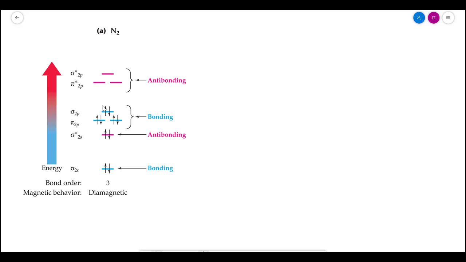We call systems or molecules that have only paired electrons in their molecular orbital structure diamagnetic. And nitrogen, you can see it only has paired electrons. It's fully diamagnetic, which means it has no interaction with external fields, like that big magnet.